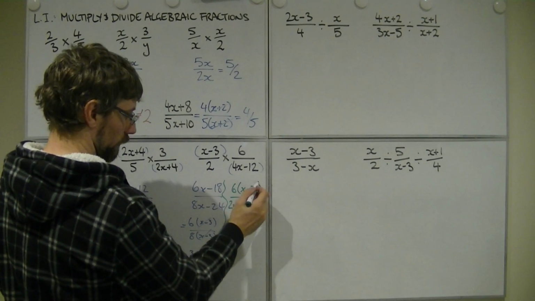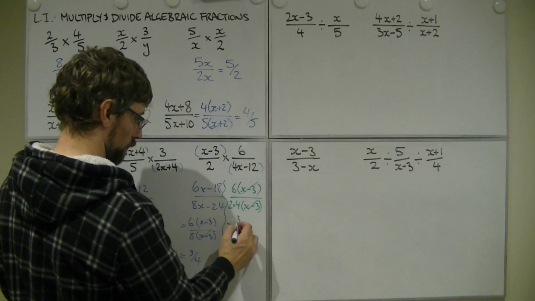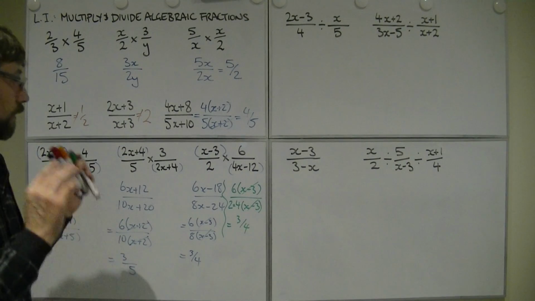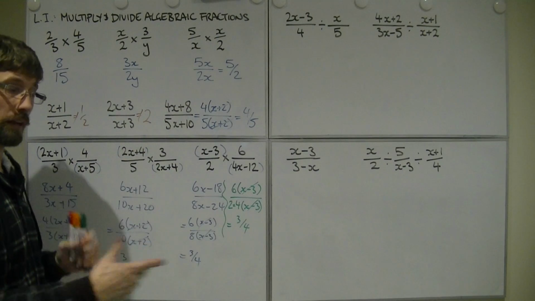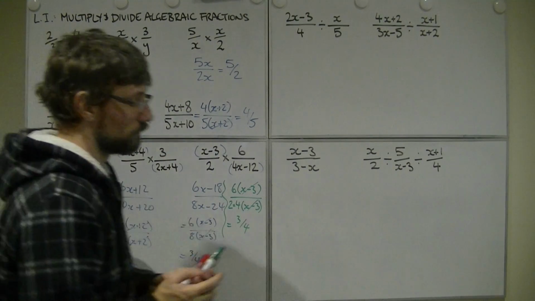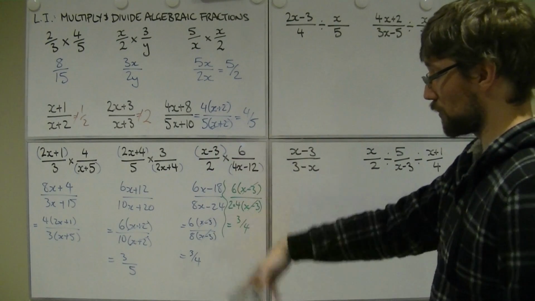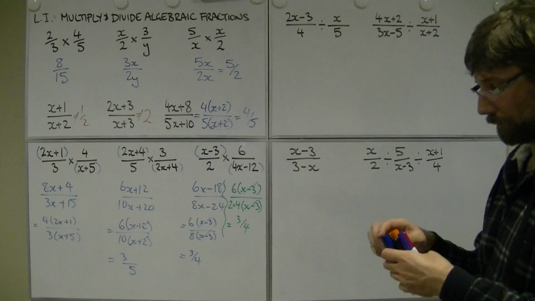Cool, now I can cancel off these two straight away. 6 over 8, oh, well, that gives me my 3/4. So that works a little bit faster. So, if you want, you can factorise these things as soon as they come up to see if you can start cross-cancelling. Don't have to, you can get there by expanding everything and then factorising again and eventually simplifying down, but that's the speedy way if you want to try it.